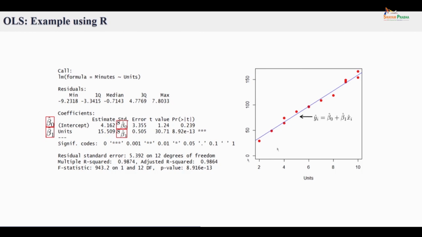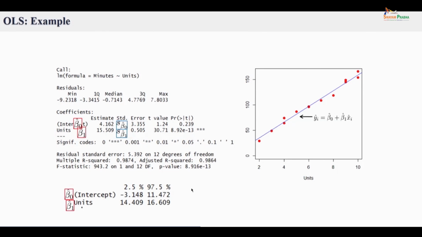You will get a better fit using beta 1 in your modeling. So the high value of the test statistic, or a low p value for this F statistic, indicates that you will reject the null hypothesis even at a very low significance level.